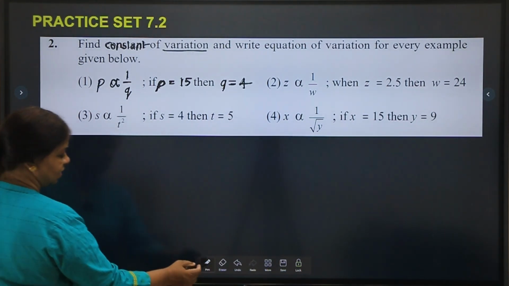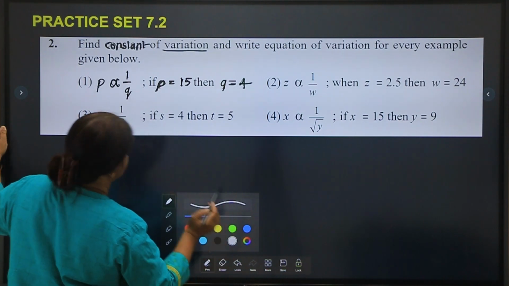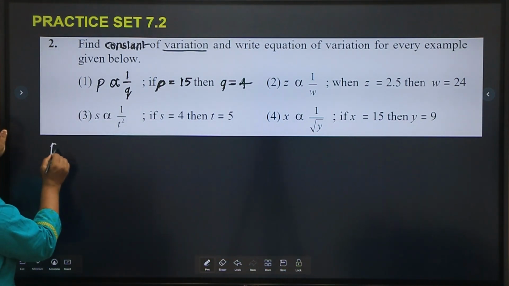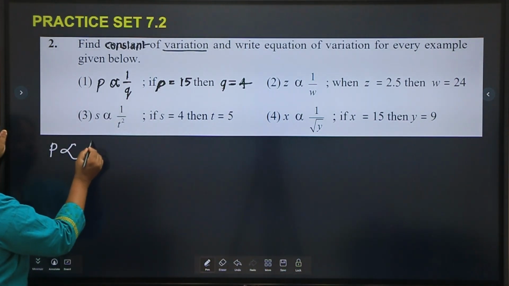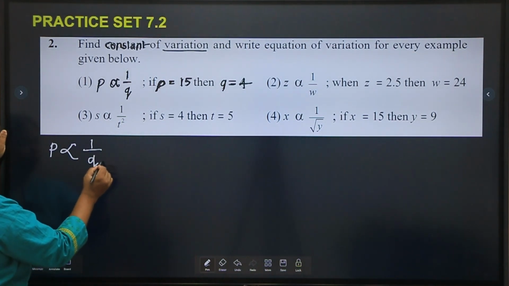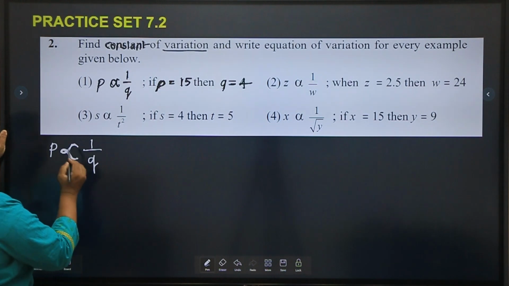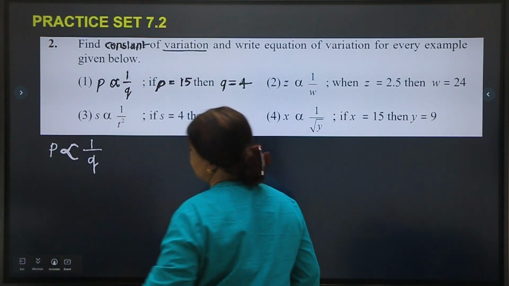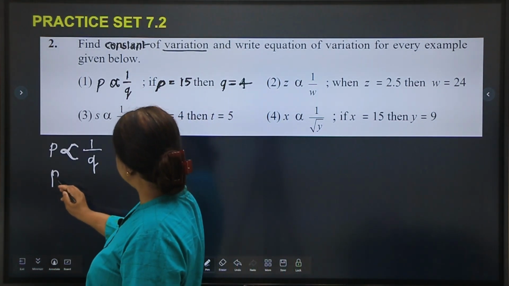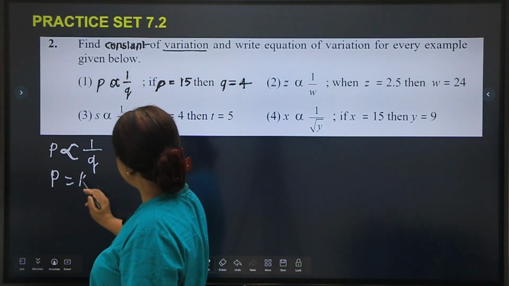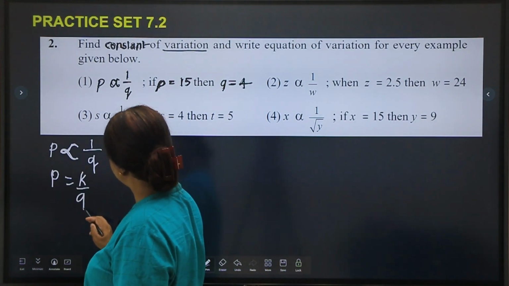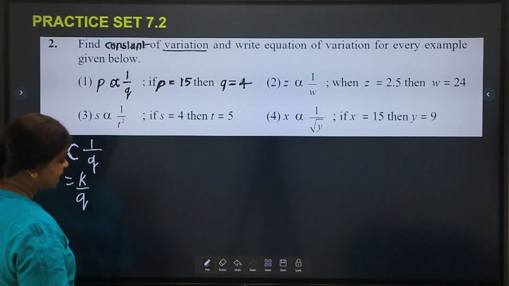Let's begin with this, children. P varies inversely to 1 upon Q. So, first thing which we will do is remove the variation sign. So, I will be writing here P is equal to K upon Q. What is K?